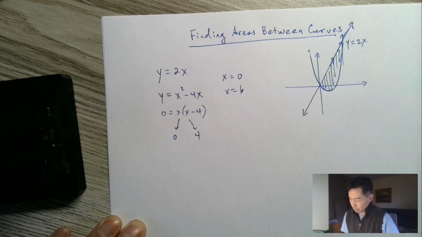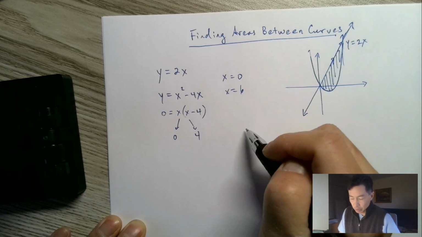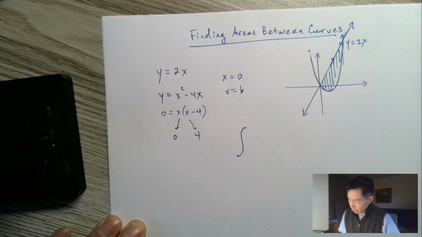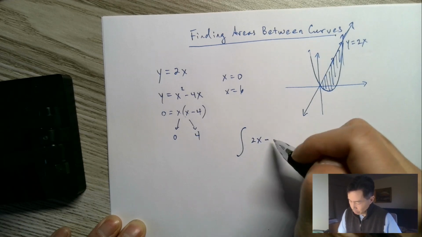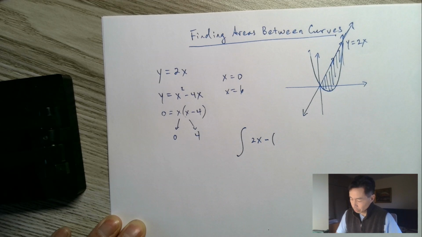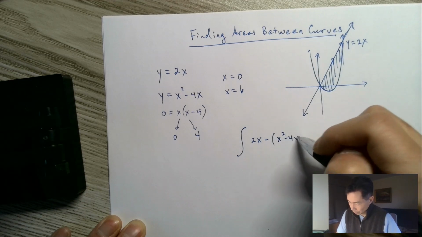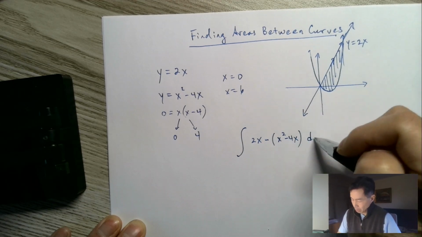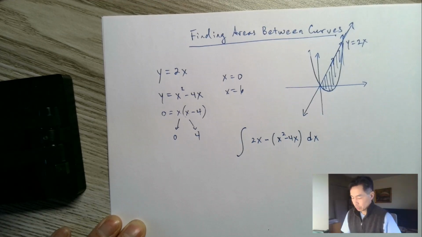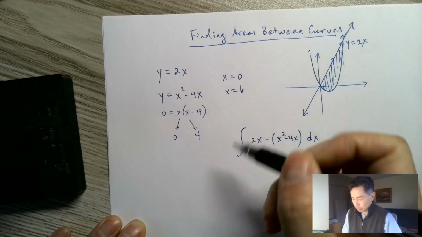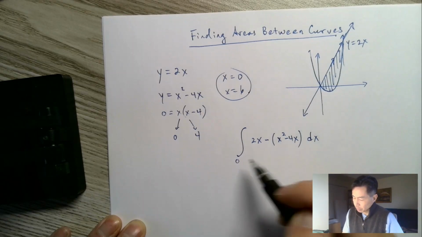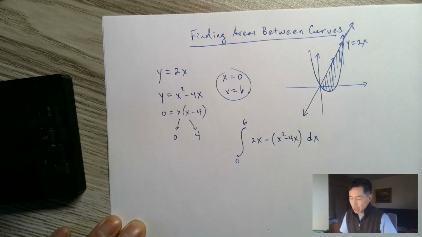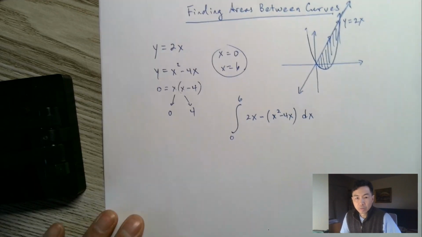Okay, so we know we're going for this area, and we know that we're going to integrate where y equals 2x is the upper function. So 2x minus the lower function. And all I need now is to know the bounds, left-right bounds, which were given to us by the problem. So I can just copy the 0 here and the 6 here, and then find the antiderivative.